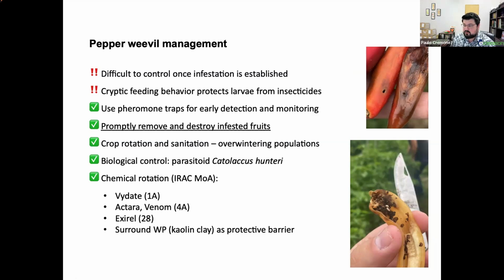For biological control, some parasitoids like Catolaccus may do their work, but they are not as effective. The control options that we have are Vydate, Exirel, Venom, and the diamide Exero, and you can use kaolin clay as a protective barrier, but the chemical control is really not as good for this pest.